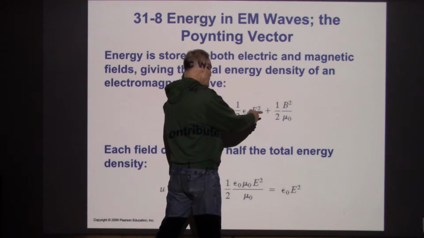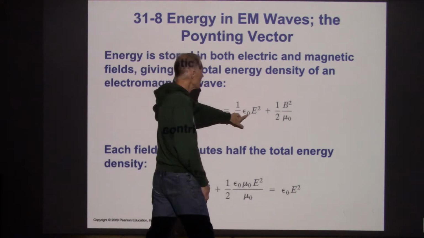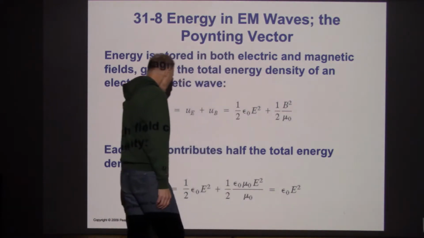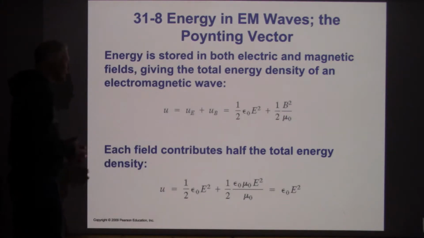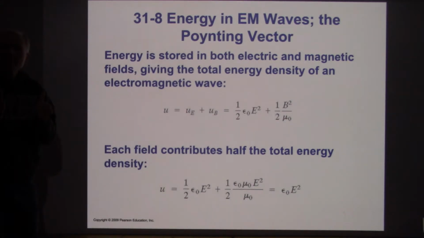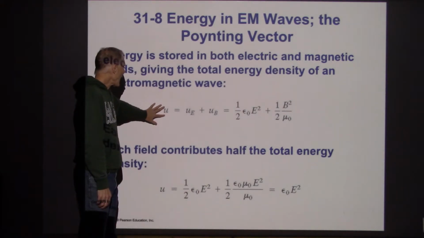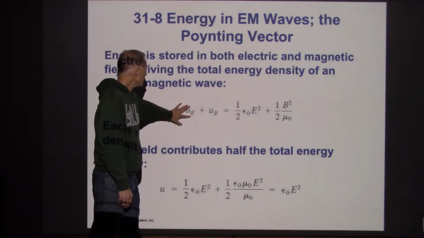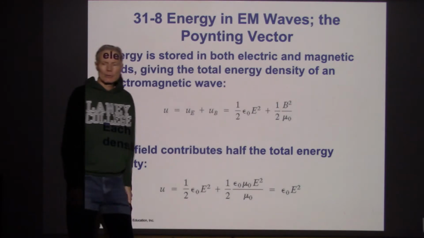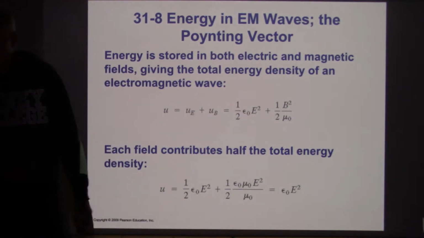Now the book worked from these formulas because this is epsilon naught and this is mu naught. But what we've been doing in class is just using little k. So I'm going to go back and use those. But it's worth pointing out that the combined energy density comes from looking at all the energy stored in the electric field components and the magnetic field components. That's where we're headed with this.